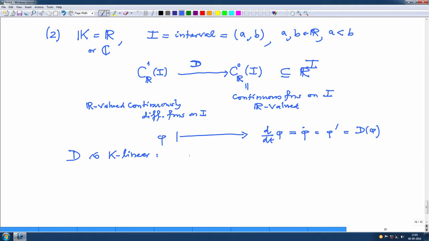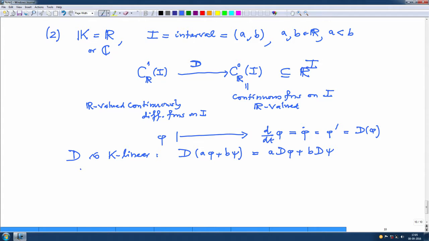That means we need to check that D of A phi plus B psi equals A D phi plus B D psi. But these are the usual standard rules of differentiation that one learns in a first course on differential calculus.